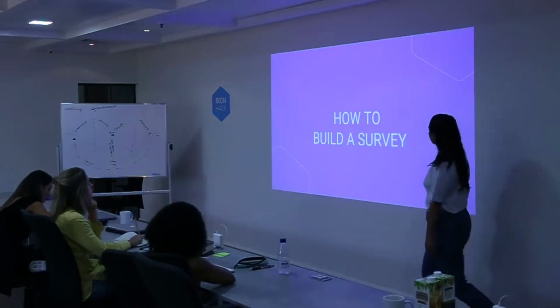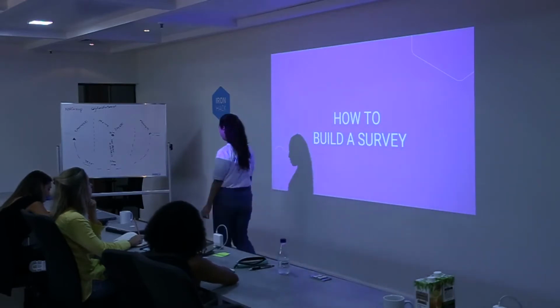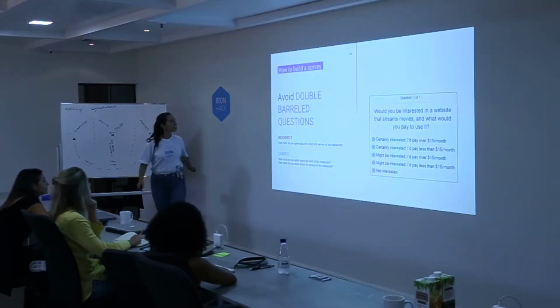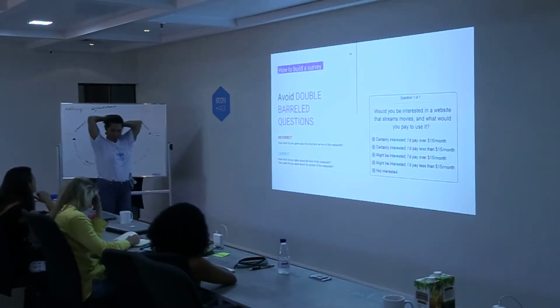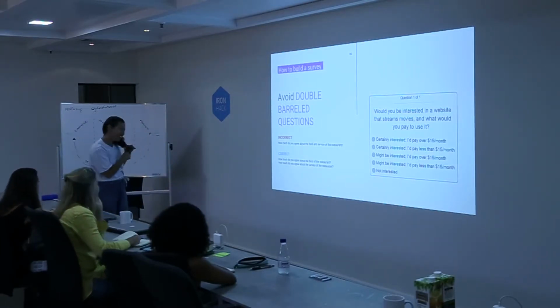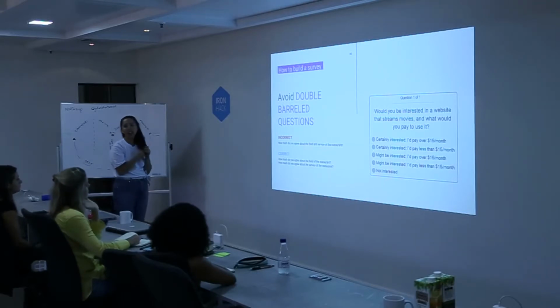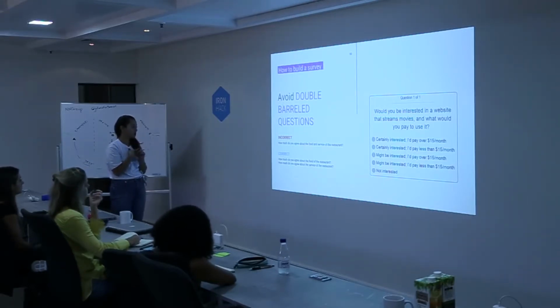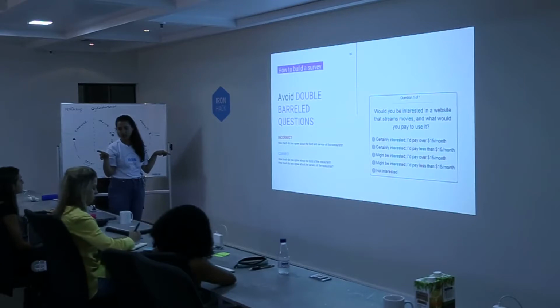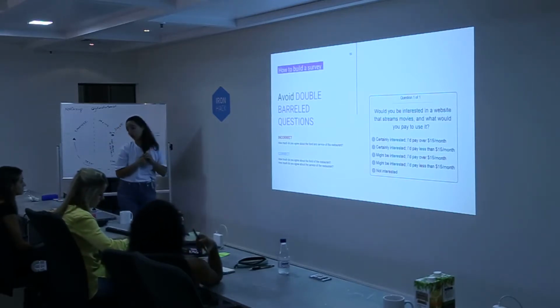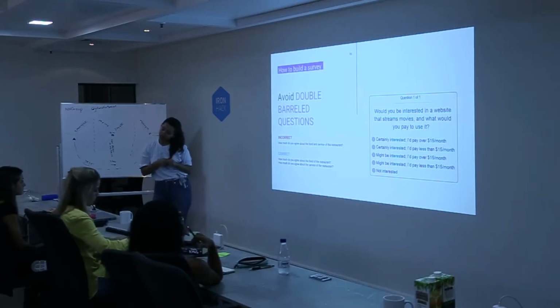Continue. How to build a survey. Let's go. Annabelle already mentioned one. One important thing to remember: avoid double-barreled questions. Double-barreled is when I basically make two questions in one. So, do you like the color and taste of your macaroni?